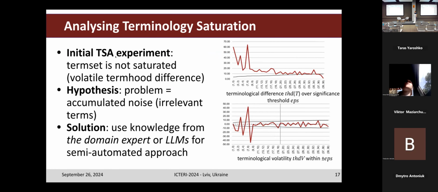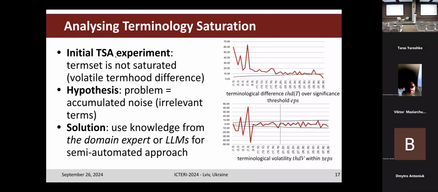Based on the graphs, it could be concluded that the terminological set extracted from the collected papers is actually not saturated. As you can see on the first graph, those term-hood difference values are volatile and do not go below the individual term significance threshold epsilon that we defined.